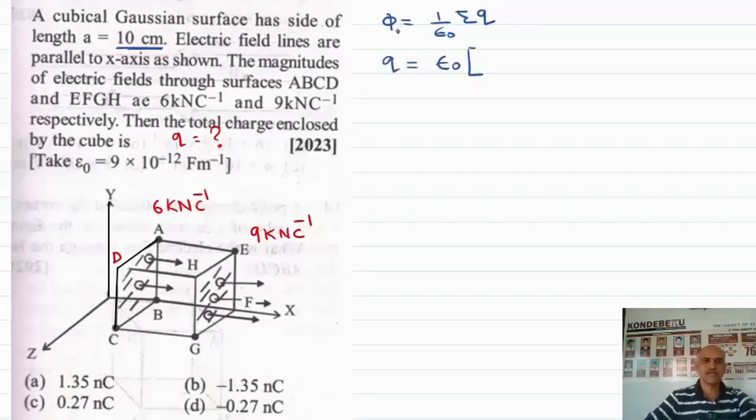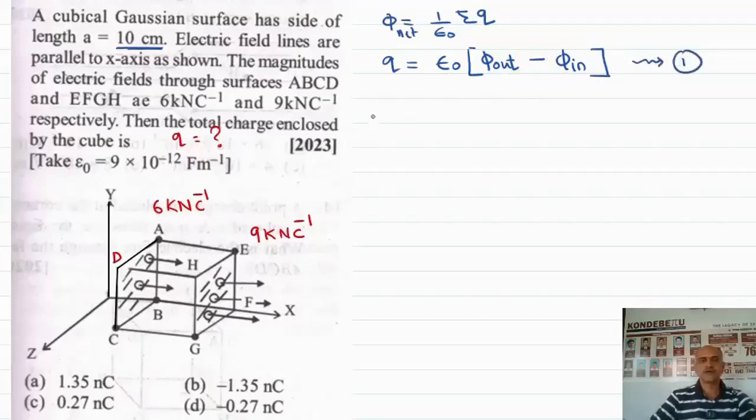This net flux is the flux going out of the Gaussian surface, taken as positive. Flux which is coming inside is negative. So Q is epsilon naught into flux out minus flux in. This equation I will take as 1.